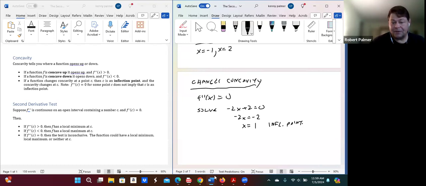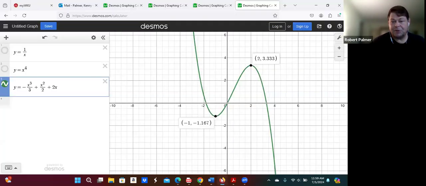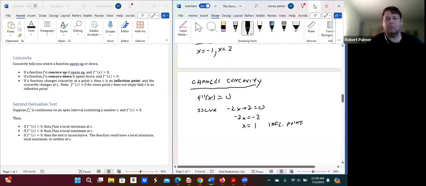Let's take a look at that and make sure it matches what we see on our graph. Our inflection point should be about at 1. And yeah, it looks right here, like that's about where it changes. Hang on, let's see.